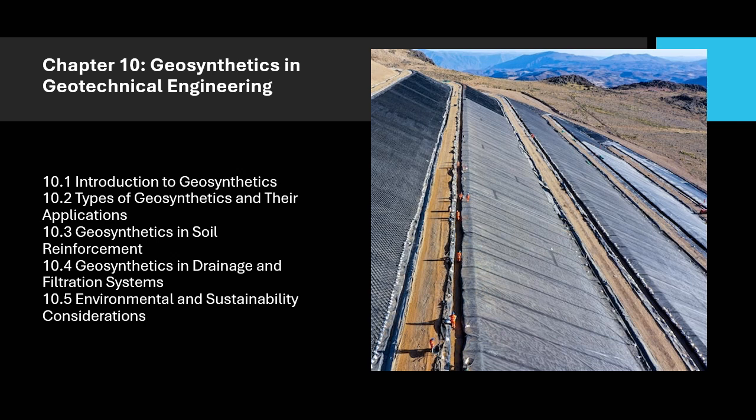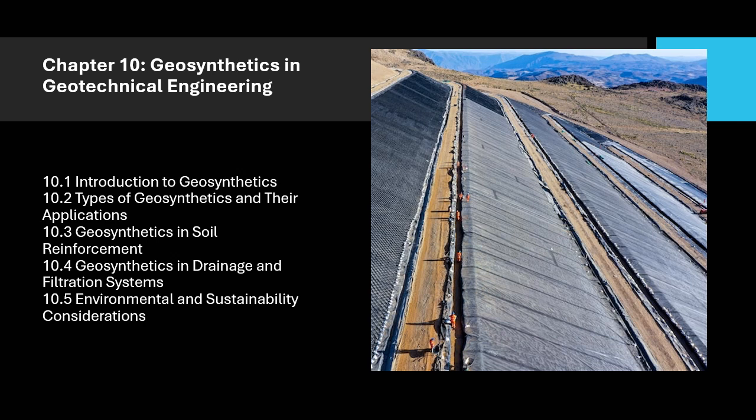Separation. Geosynthetics are used to separate adherent soil layers, preventing mixing between subgrades and aggregate layers. This is particularly useful in road construction, where geotextiles prevent the intermixing of coarse aggregate with soft subsoil.